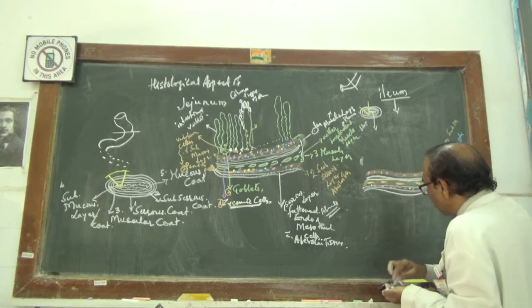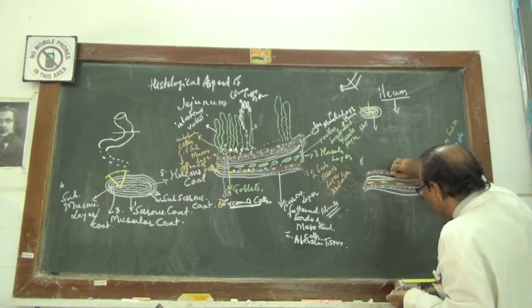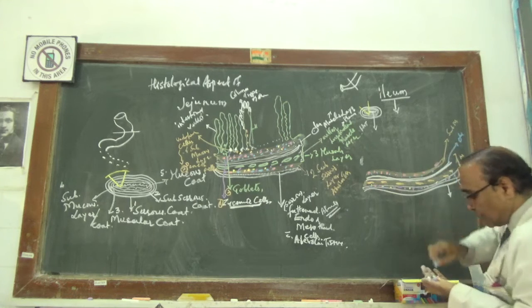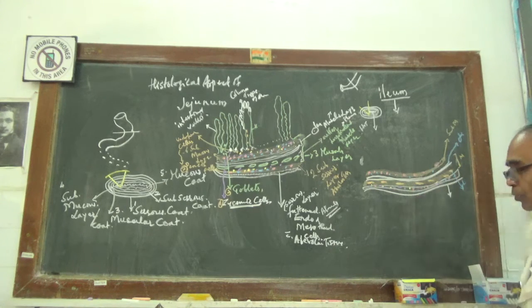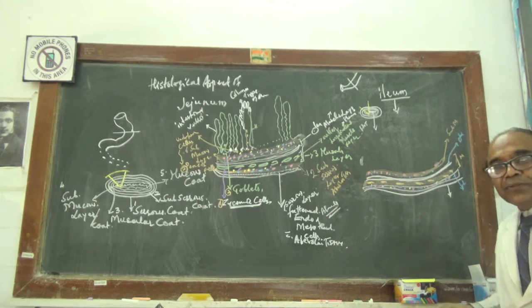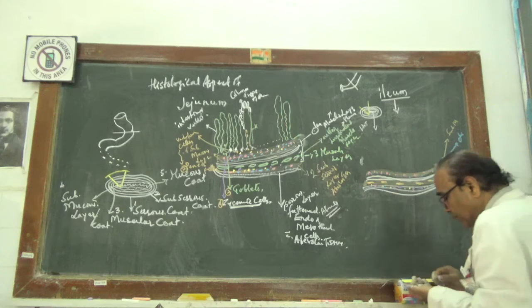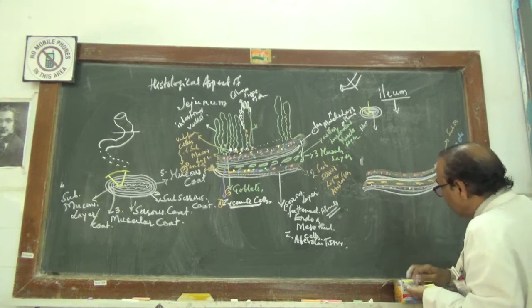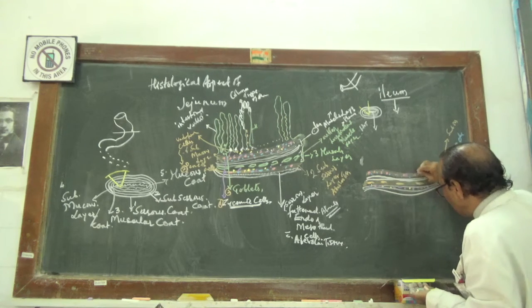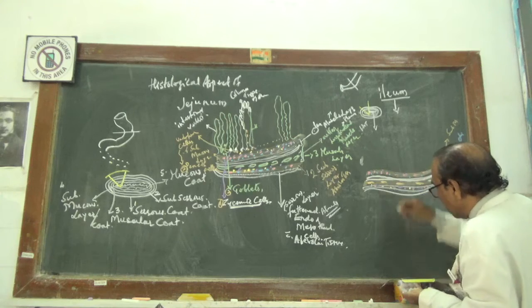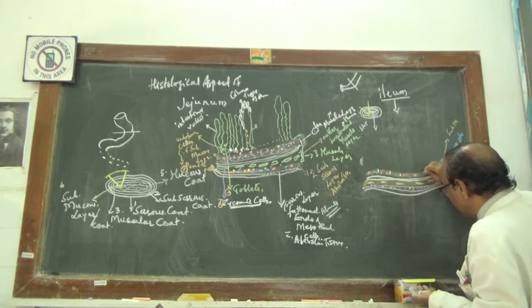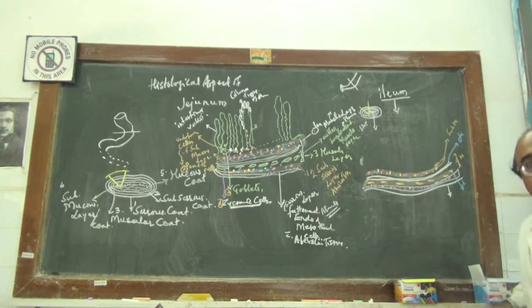Then the venules drain into the arcadial veins and then into the ileal veins. Then you have lymph vessels, lymph nodes, and sympathetic and parasympathetic autonomic nerve filaments.